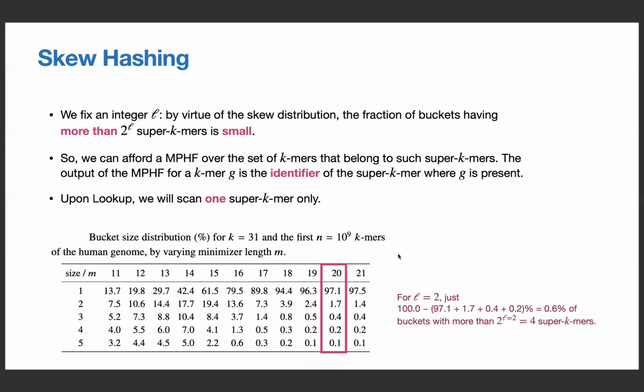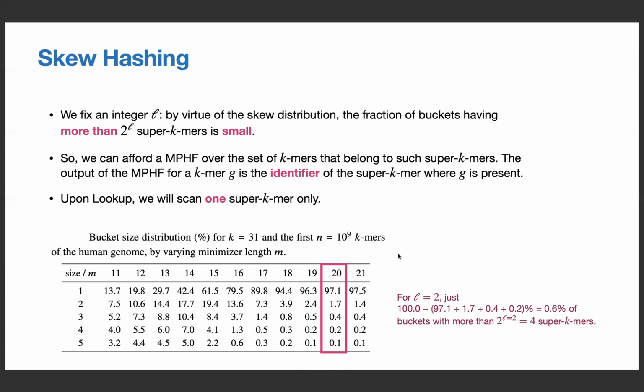To do so, we fix an integer L, and by virtue of the skew distribution, the fraction of buckets having more than 2 to the L super k-mers is small. So if this is small, we can afford to build another minimal perfect hash function over the set of all the k-mers that belong to such super k-mers.